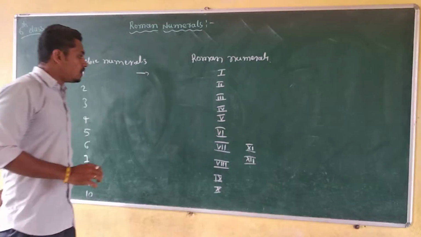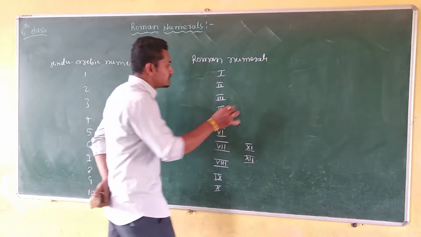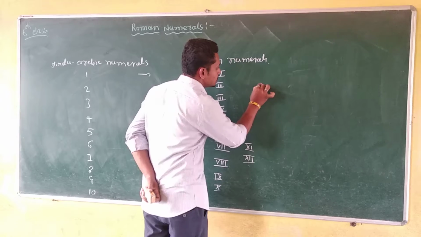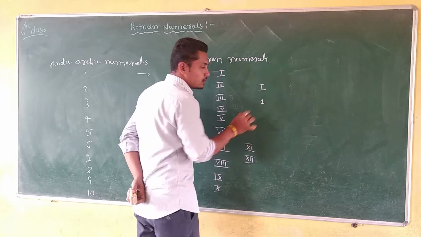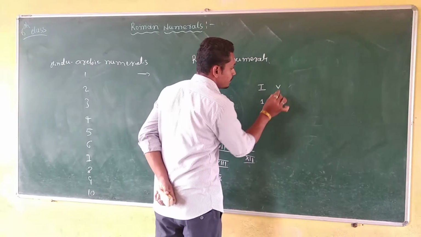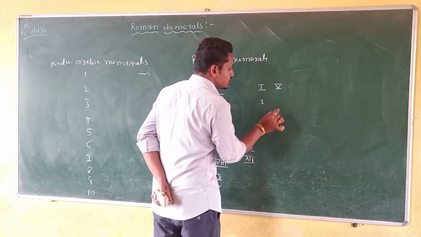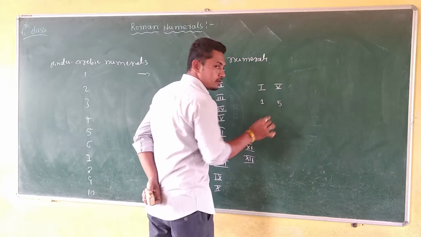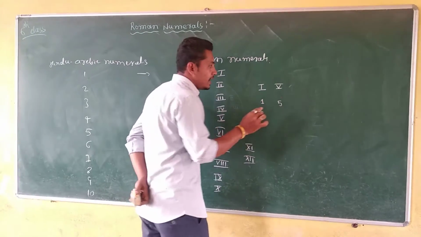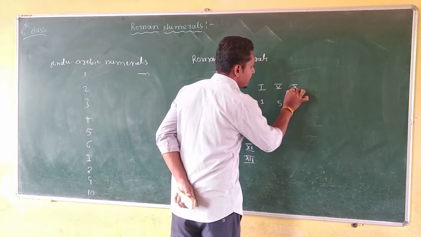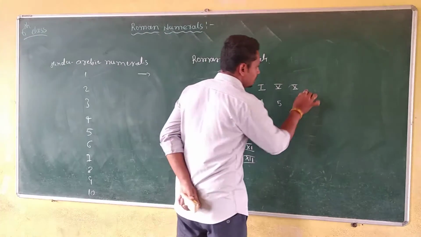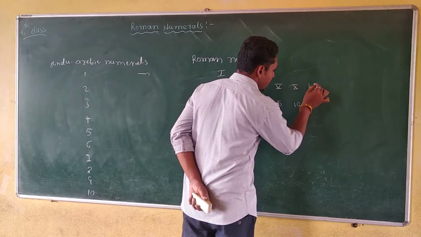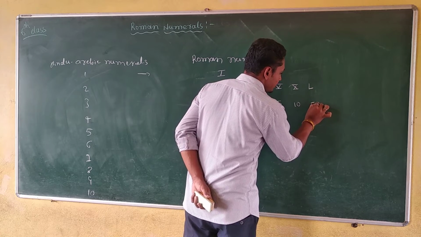Now see here the remaining Roman numbers. I is denoted by 1, and the value of V is 5. Next, the value of X is 10. Then the value of L is 50.